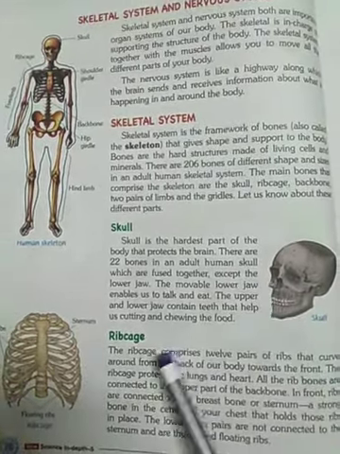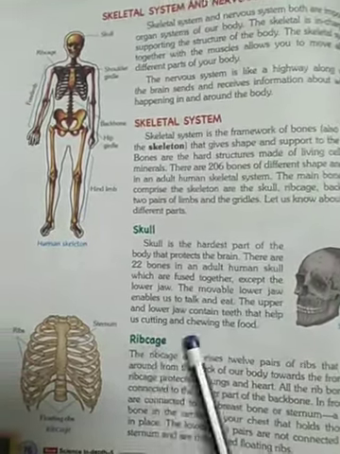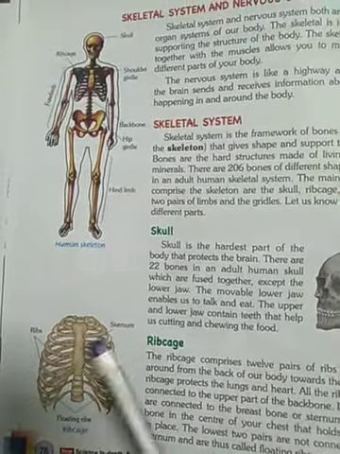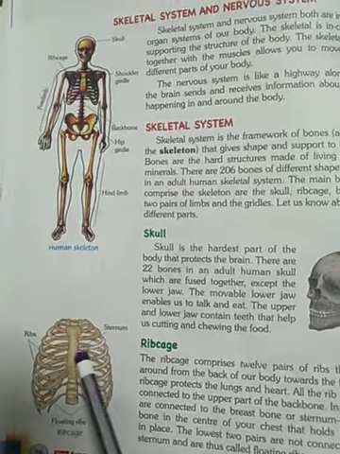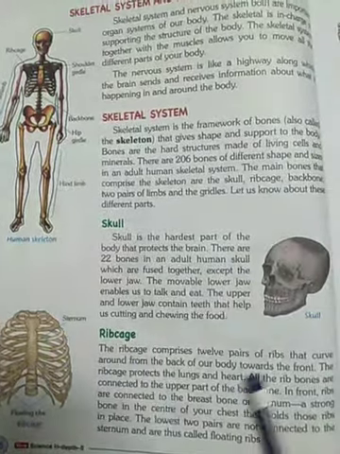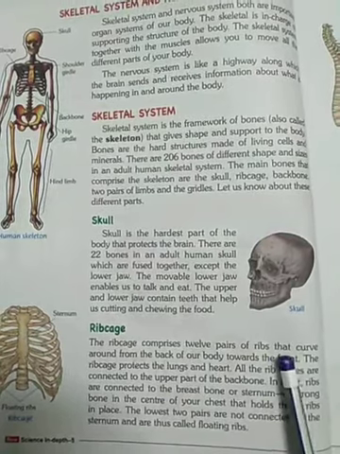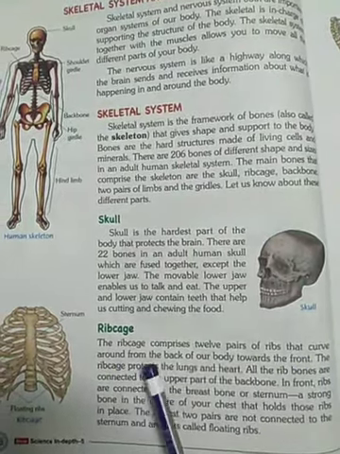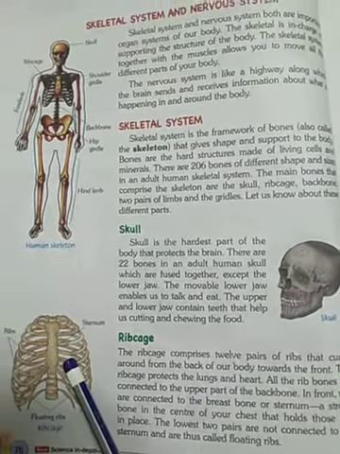Now the second part is the rib cage. What? Rib cage. Look at this picture. This is the picture of the rib cage. The rib cage comprises 12 pairs of ribs that curve around from the back of our body towards the front, right?